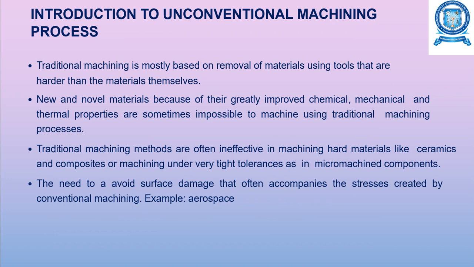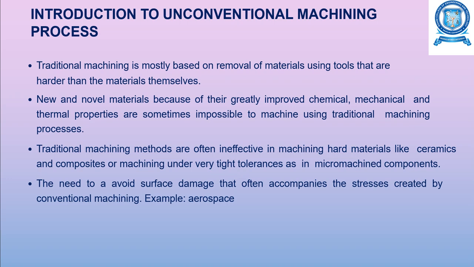Normally, traditional machining is mostly based on the removal of materials, using various tools that may be harder than the materials themselves. And new and novel materials, because of their greatly improved chemical, mechanical, and thermal properties, are sometimes impossible to machine using traditional machining processes.